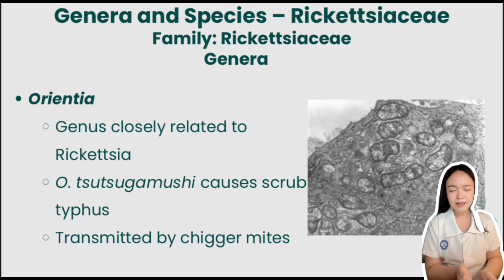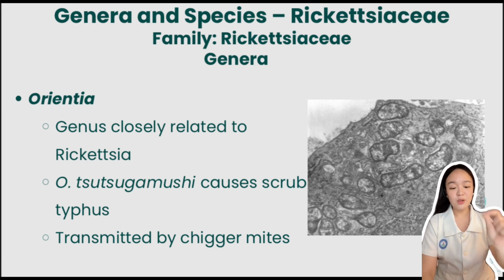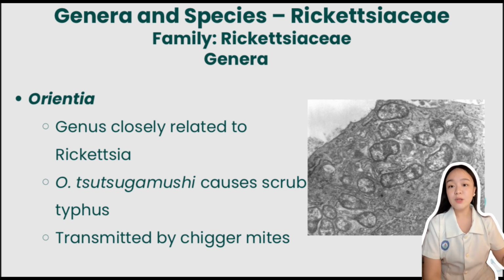Orientia can be transmitted by chigger mites. Kaya sinabi ko yung mga taong mahilig mag-hike or magulong-gulong sa grasses. Yung chigger mites, super small sila na nagtatago sa mga grasses. And pag nakagat ka nung super small na yun, pwede kang magkaroon ng scrub typhus. Imagine mo na lang na yung super small na chigger mites ay makakapag-cause sa'yo ng scrub typhus, which we're going to talk about later.